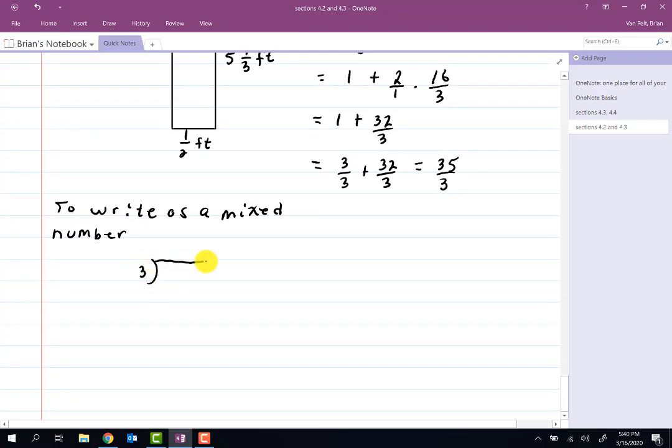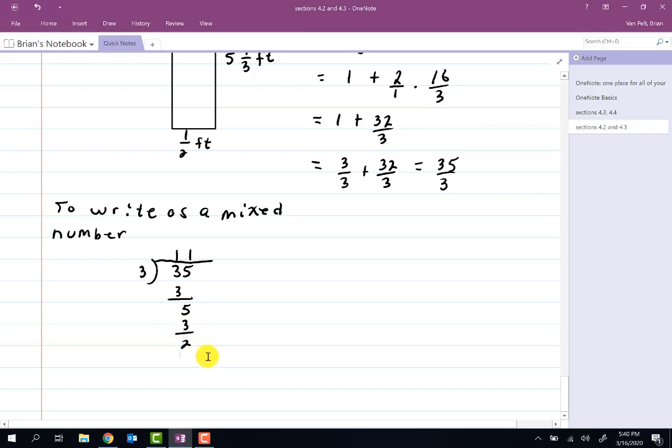Well, how many times? Let's follow this. 3 goes into the 3 one time, so I put a 1 directly over the 3. Then I do 1 times 3 is 3. And I subtract. 3 minus 3 is 0, but then I can bring down the 5. 3 goes into 5 one time. Subtract. And I have a remainder of 2.